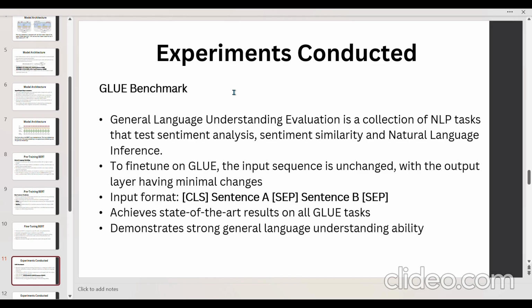To fine-tune on GLUE, the input sentence is represented according to the original model architecture, which is the summation of the token embeddings, segment embeddings, and position embeddings. The output layer has minimal changes, such as a few new parameters introduced, which are the classification layer weights and the number of labels.